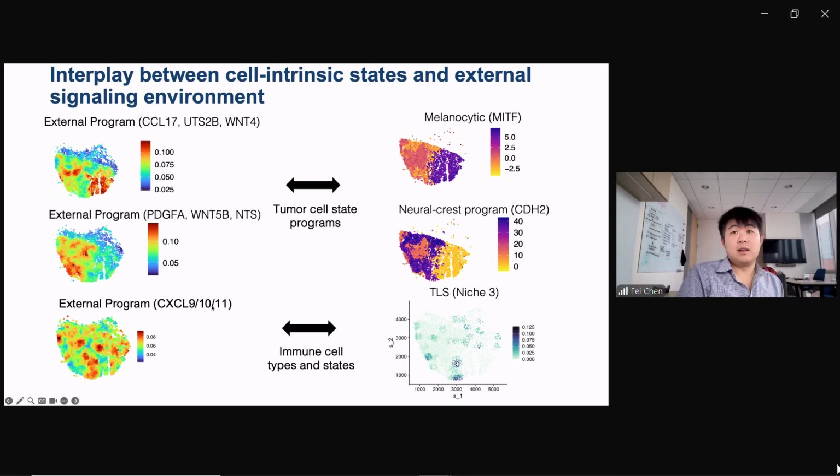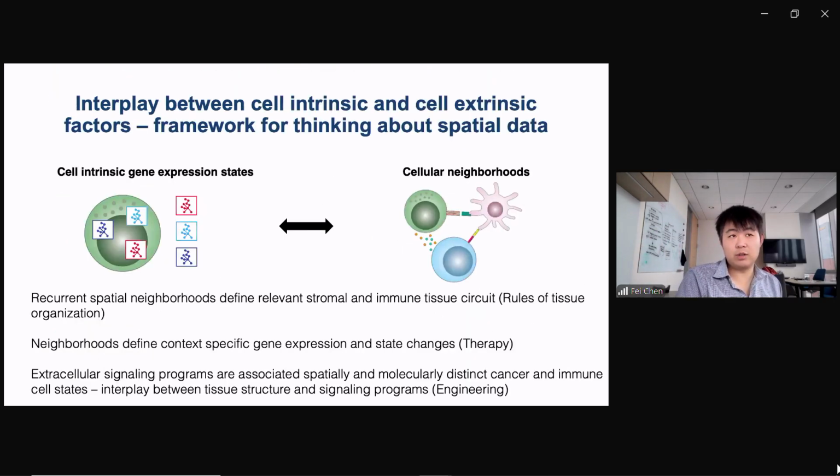There is this more immune signaling program that's associated with the MITF melanocytic state, probably related to the fact that that's quite enriched in the immune effector hubs. And then CXCL9, 10, 11 defines a signaling program that's responsible for the creation of tertiary lymphoid structures. Or maybe not the creation, but the steady state observation of tertiary lymphoid structures.